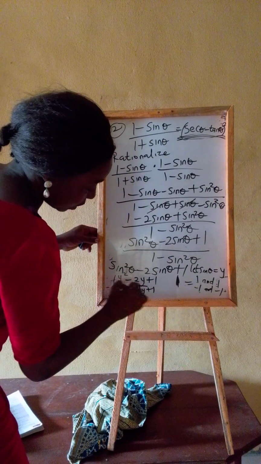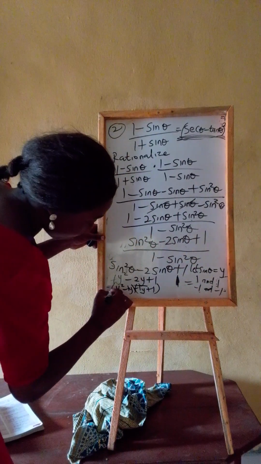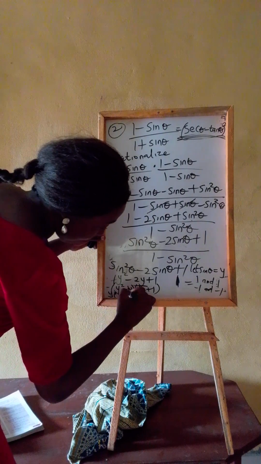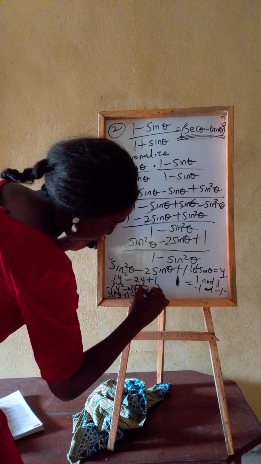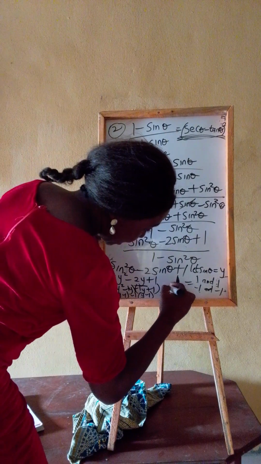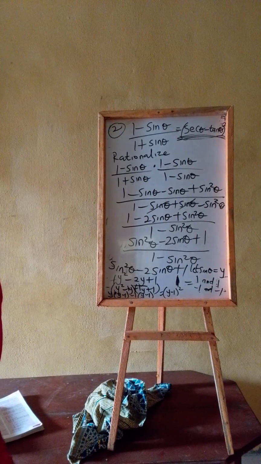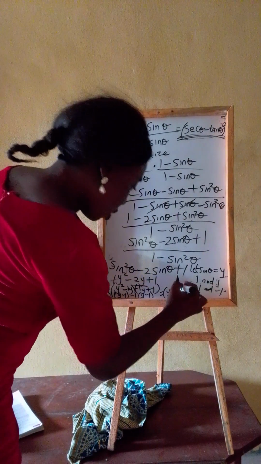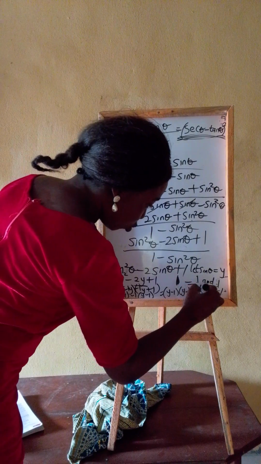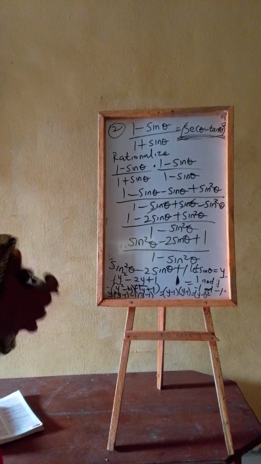So you bracket. We have y into bracket y minus 1, minus 1 into bracket y minus 1. So we end up having y minus 1 squared, because it's as if you are repeating y minus 1. So what's the next thing to do?